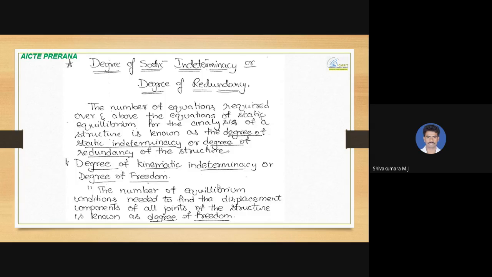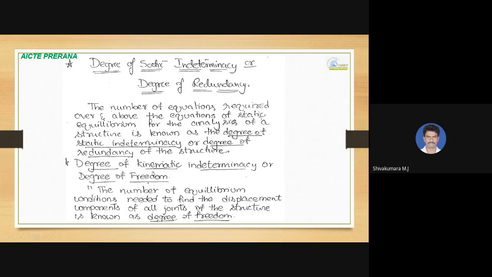So over and above these three conditions of equilibrium, the number of equations required for the analysis of the structure is the degree of redundancy, or static indeterminacy. That is the meaning of this.